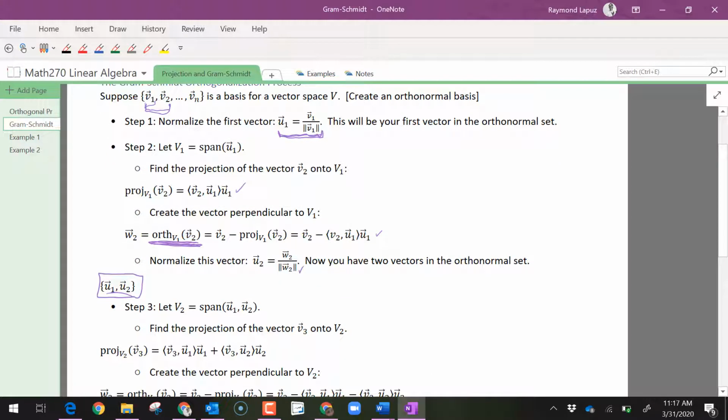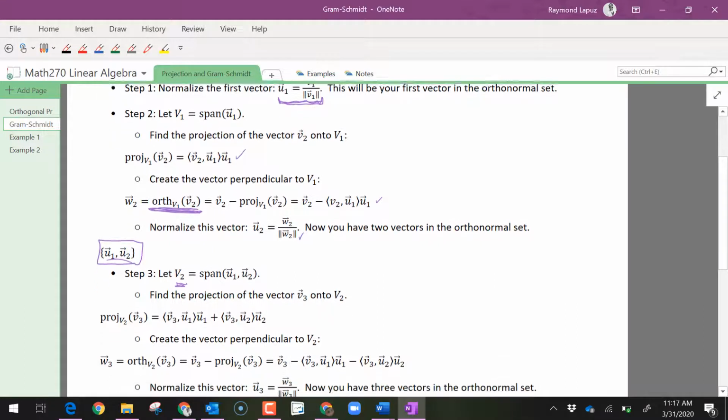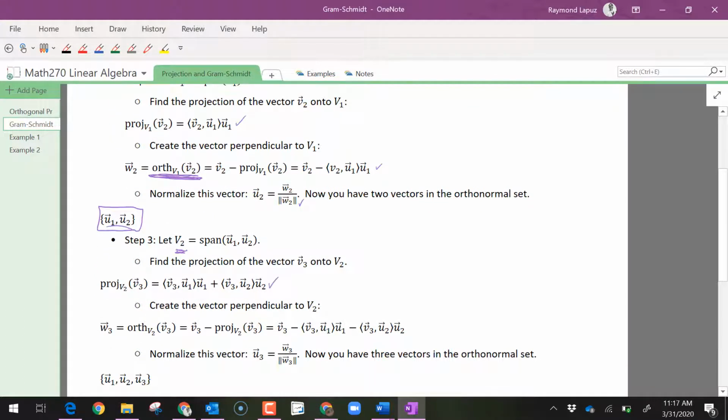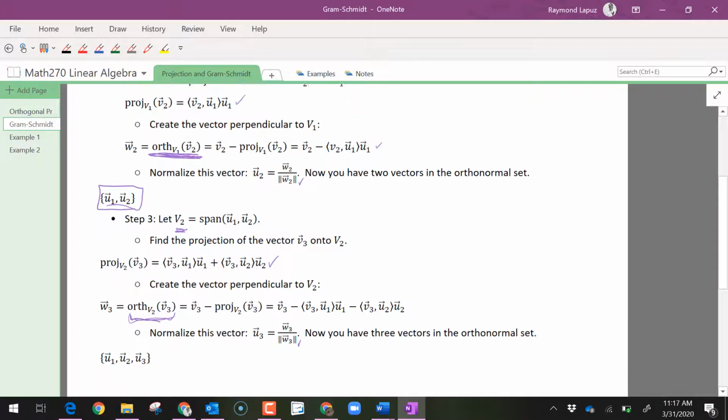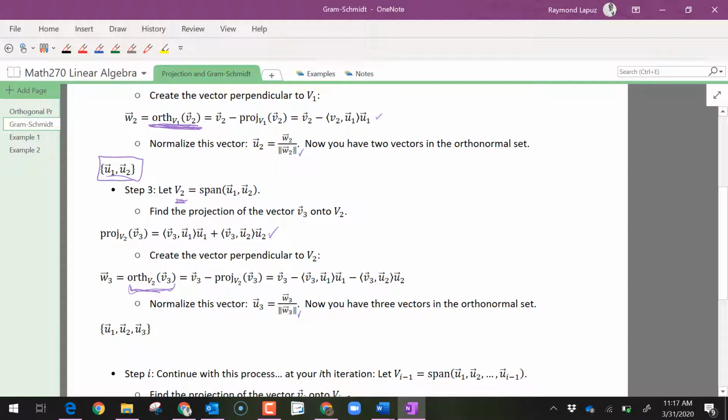We take the span of that, and then we're going to project our third vector, v3, onto the span of the other two vectors that we found. So we use our projection formula for that, and then we find our normal vector to that. This vector may or may not be of unit length, so we just divide by its magnitude, and now we have three.